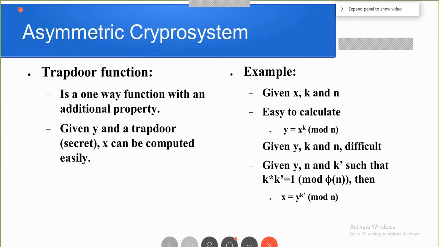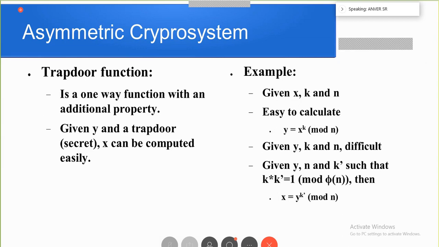But suppose we are given y, n and k dash, such that k times k dash is equal to 1 mod phi of n. What is the meaning? Here k dash is called the multiplicative inverse of k modulo phi of n. That is, we are given k dash, y and n.